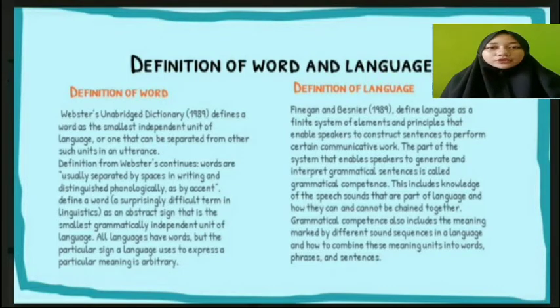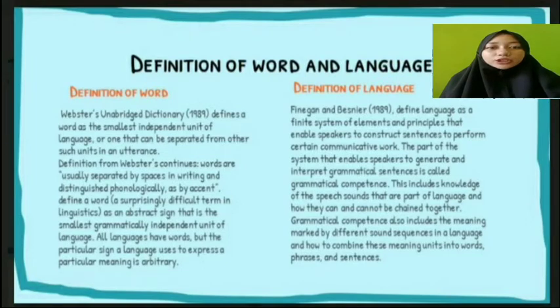Definition of language. Van and Besner define language as the finite system of elements and principles that enables speakers to construct sentences to perform certain communicative work. The part of the system that enables speakers to generate and interpret grammatical sentences is called grammatical competence.